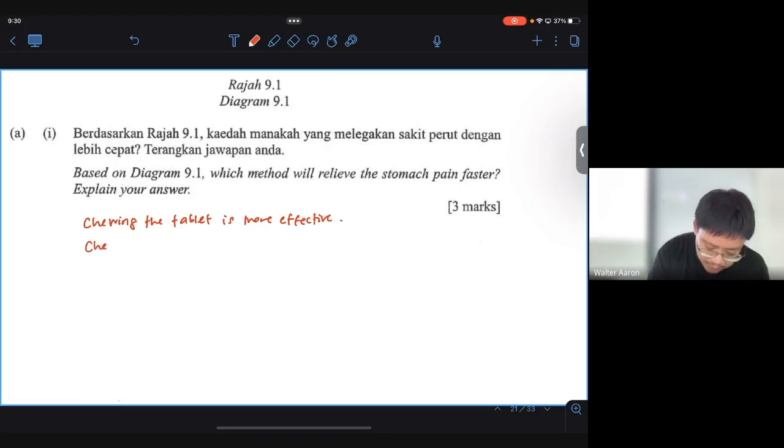They explain why, because you see, chewing the tablet breaks it into smaller pieces.